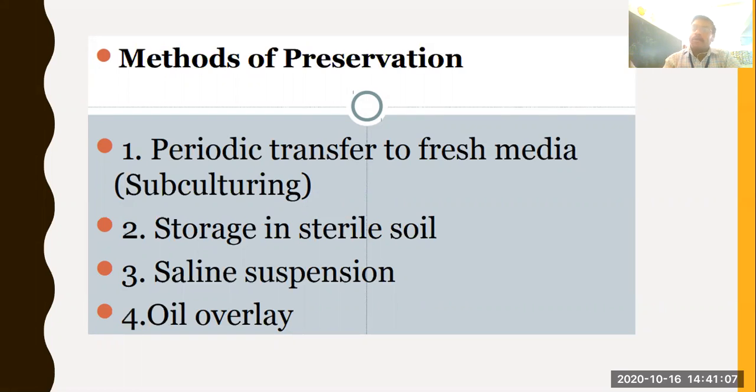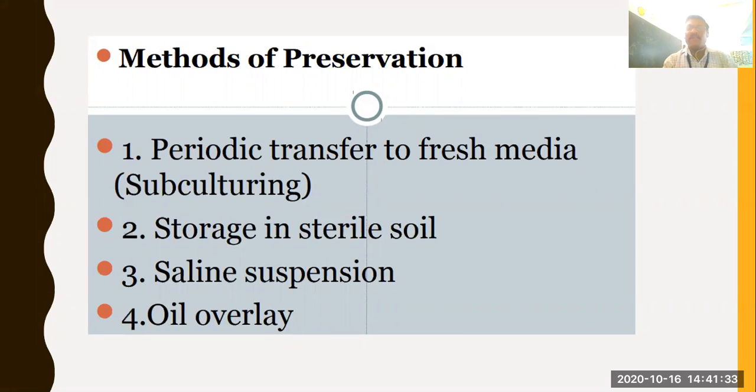You have to add mineral oil that is 100% sterile. You have to sterilize it in the oven at a temperature of 180 degrees Celsius for about 3 to 4 hours. So you first sterilize that mineral oil, and that sterilized oil you put over the surface of the growth in the test tube.